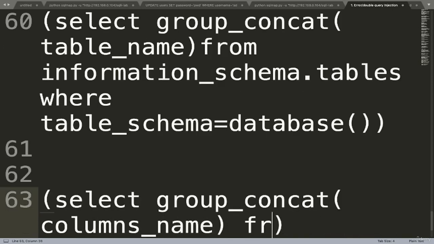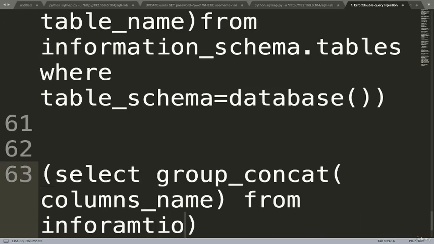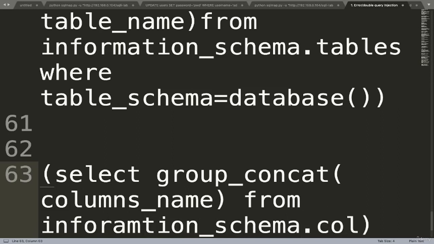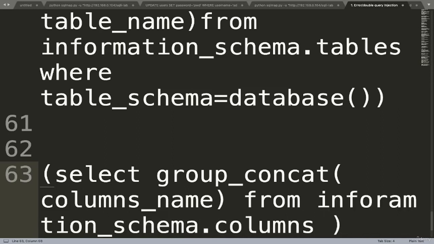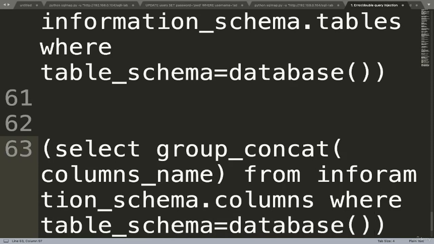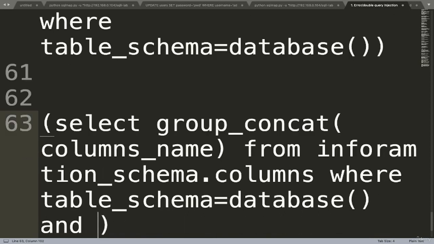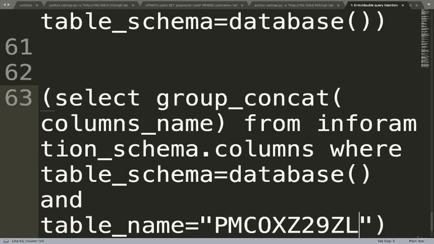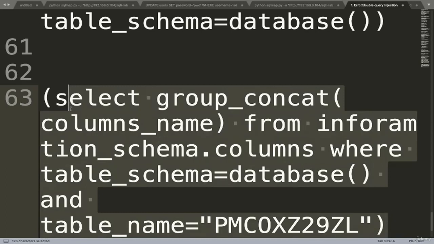After that, from information_schema.columns where table_schema equal to database, and I also have to mention the table name. So table_name equal to this one. Perfectly all right now. So let's copy this now.